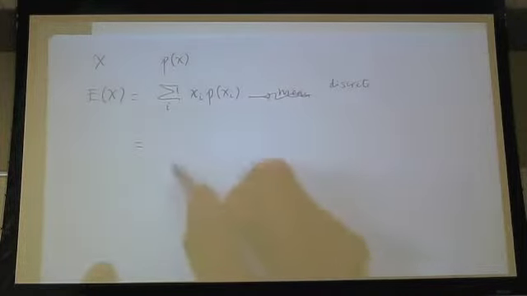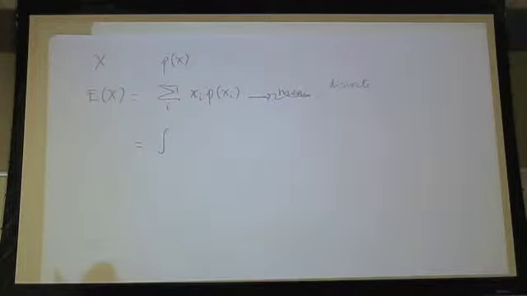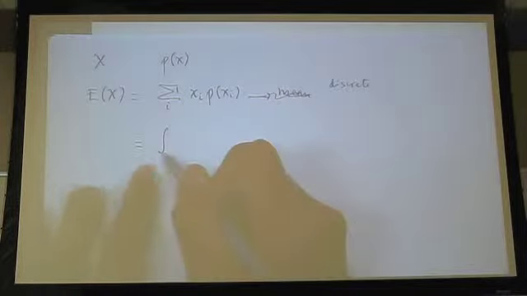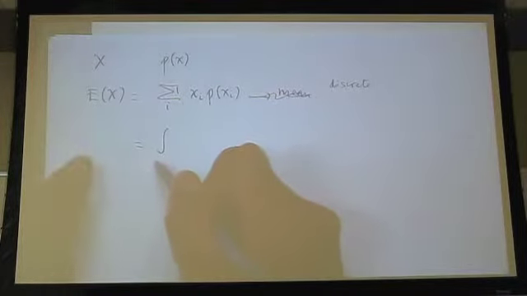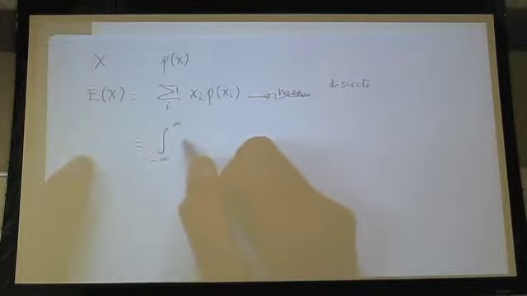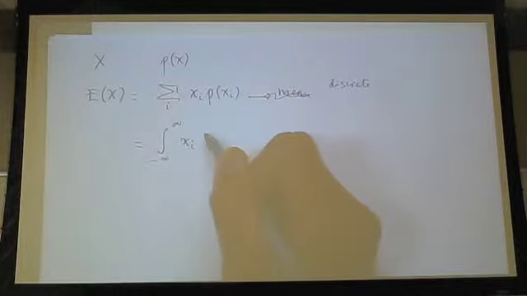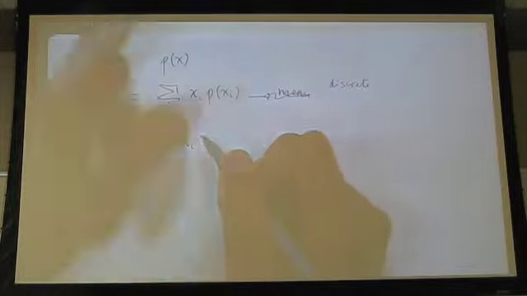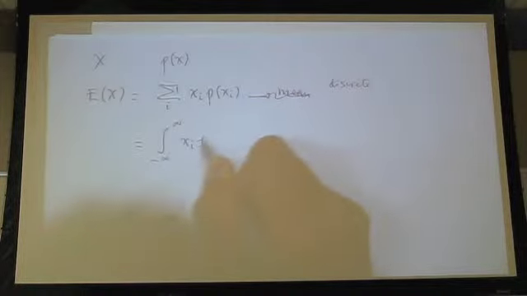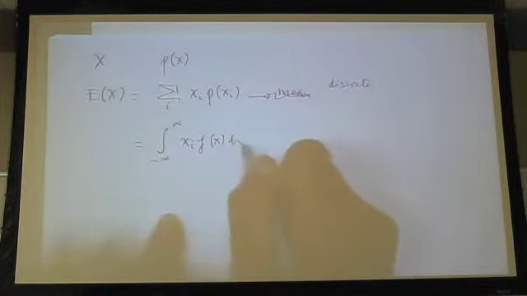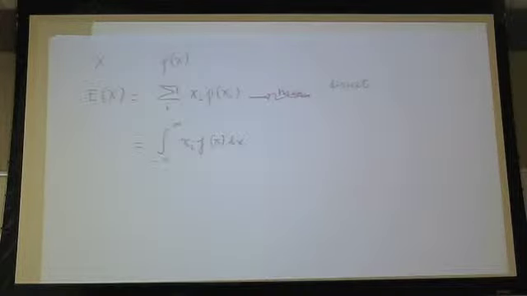The integral from where to where? From negative infinity to infinity, for example, of what? x multiplied by the density function, and then you integrate it, right? So this is f of x right here, dx. Can you see that?